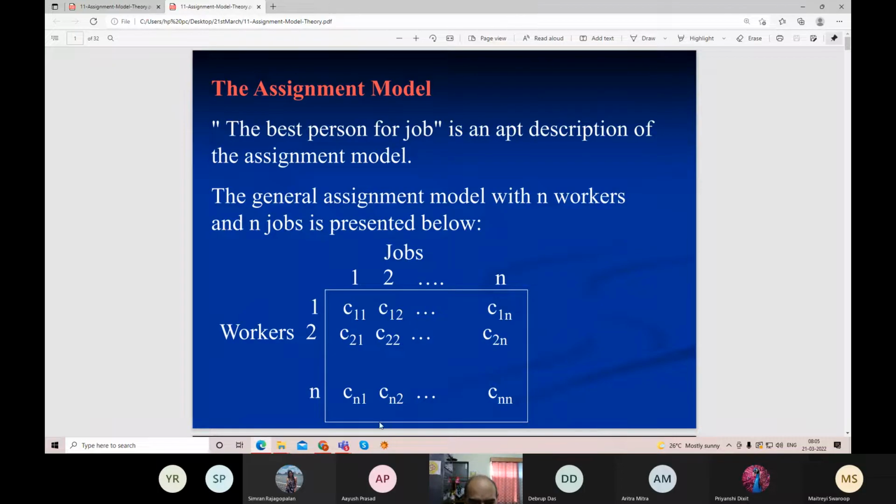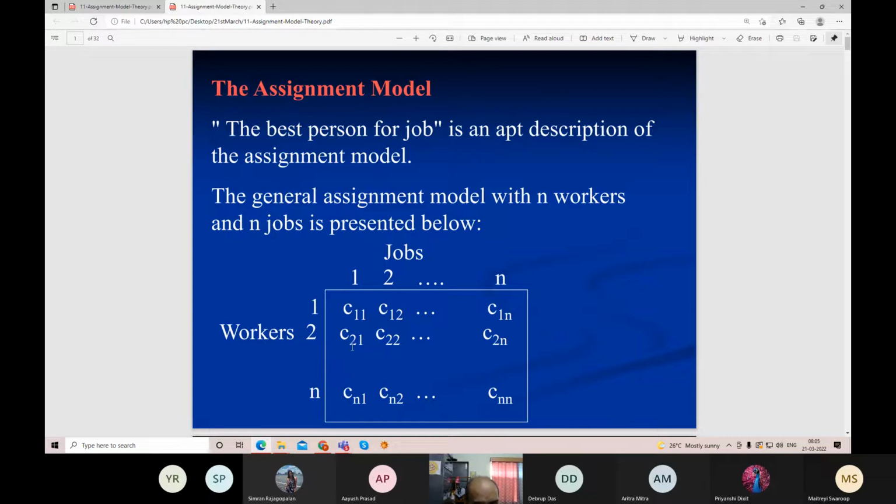For example, C11 stands for the cost to complete the first job by the first worker. Similarly, C12 is the cost to complete the second job by the first worker, and C1n is the cost attached to the last job, the nth job, for the first worker.